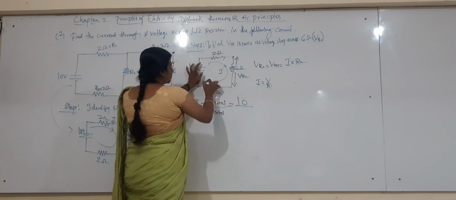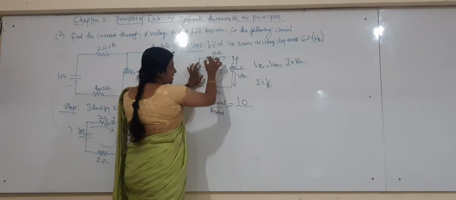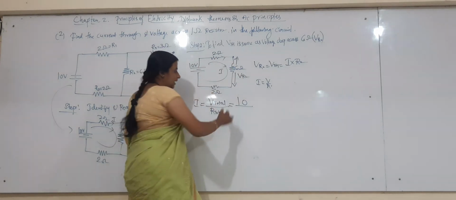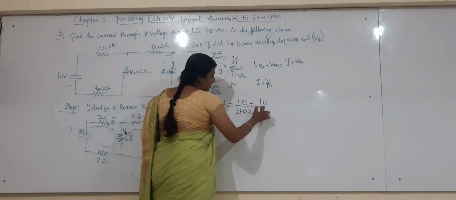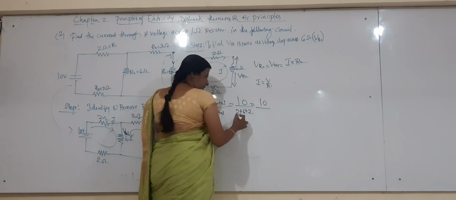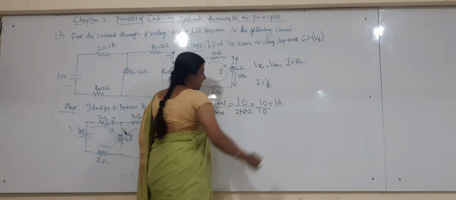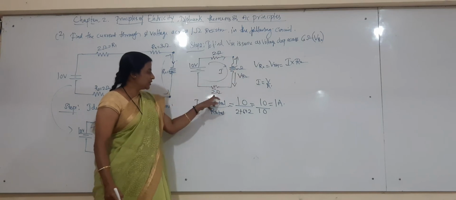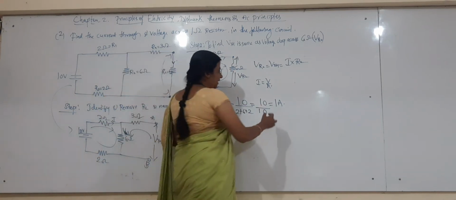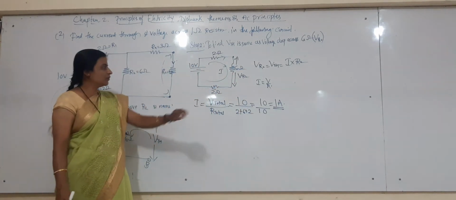In this closed circuit, 2 ohm, 6 ohm and 2 ohm are connected in series, so they are added: 2 plus 6 plus 2. 6 plus 2 is 8, 8 plus 2 is 10. So 10 divided by 10, we get 1 ampere of current.